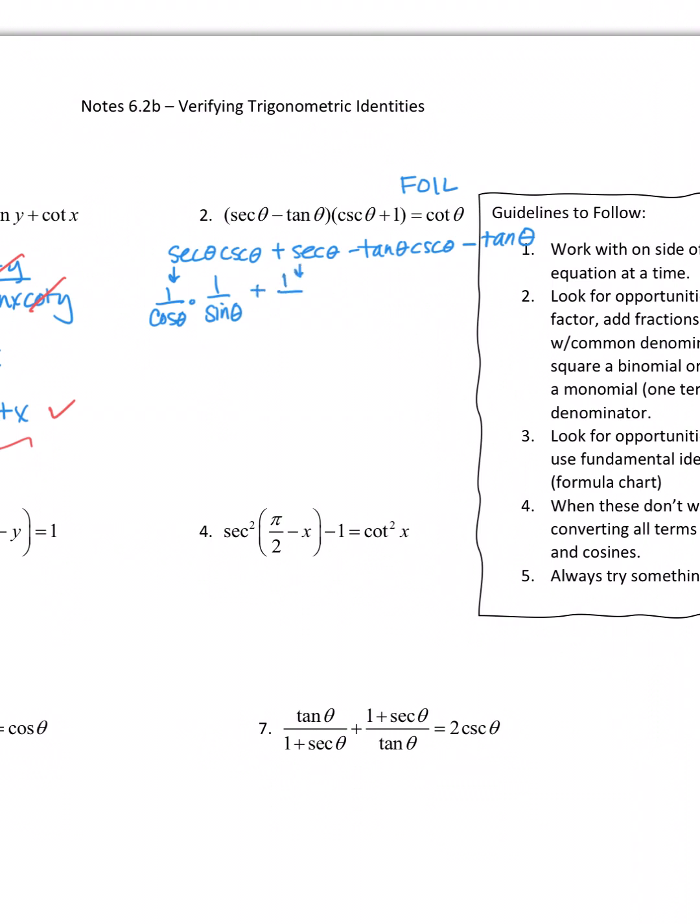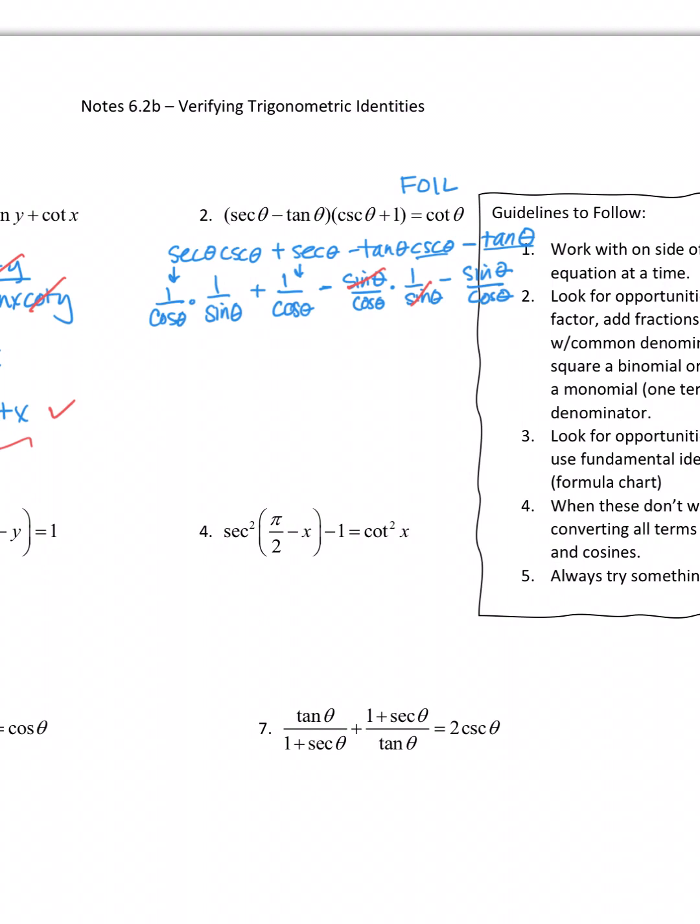This is 1 over cosine theta minus, what's tangent? Tangent is the sine of theta over cosine theta times 1 over sine theta minus, what is this? Sine theta over cosine theta. Okay, now let's lean back and look for a moment. These will cancel.